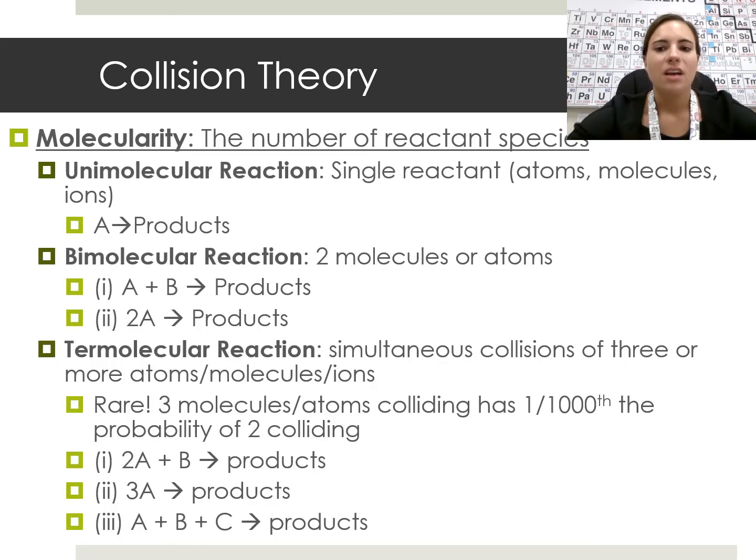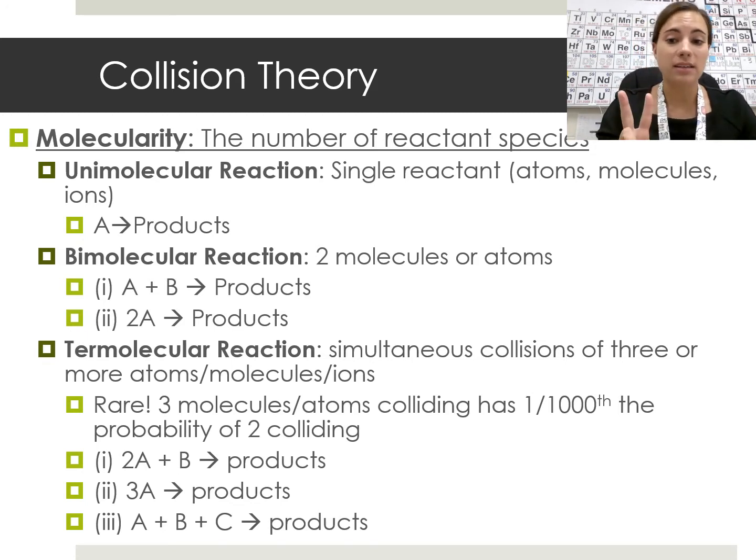Okay. So speaking of reactants colliding, we can talk about how many reactants there are in a reaction or in a step of a reaction, because we're going to talk about reaction steps soon, with something called molecularity. And really, these terms are not as important as the concept behind them. The terms are unimolecular, meaning we have one reactant, bimolecular, we have two reactants, and really you've got to think about it as two molecules.